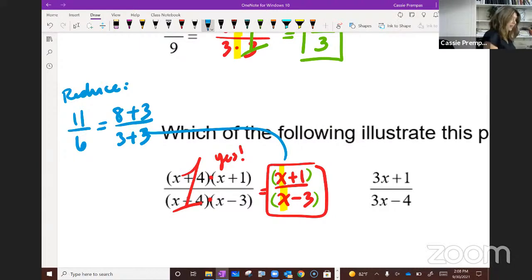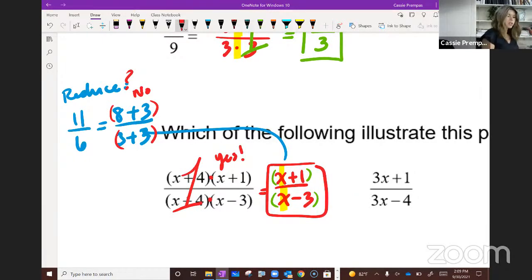There's terms. Exactly, because 8 plus 3 represents one number. It represents 11. And 3 plus 3 represents one number. It represents 6. So I can't reduce anything. So here, reduce question mark, no, because you can't reduce values that have been plus or minus together, just like this situation right here.